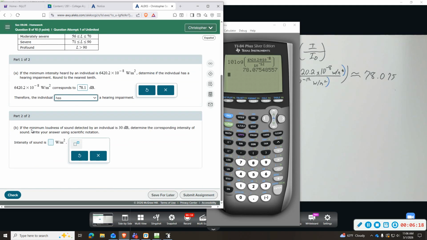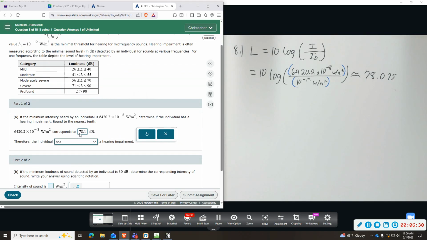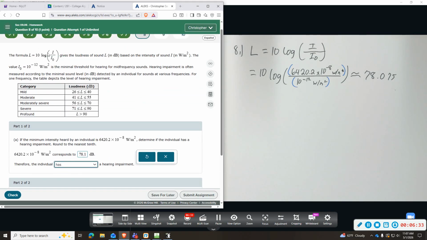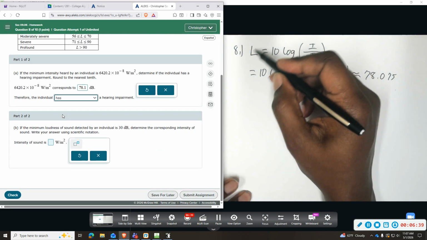And then part 2, if the minimum loudness of the sound detected is 30, determine the corresponding intensity of the sound. So we're looking for I this time, and they give us L. So we'll just plug in those values. Same formula.